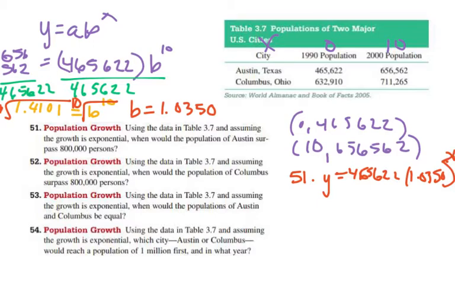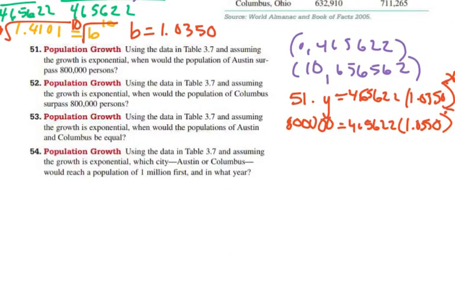And so now they want you to figure out when we're going to surpass 800,000. So that means that we're putting 800,000 in for y, and we'll solve backwards. You can, of course, do some guessing and checking if you don't feel like doing logs, which probably no one does. But, of course, I will show you how to do it backwards.